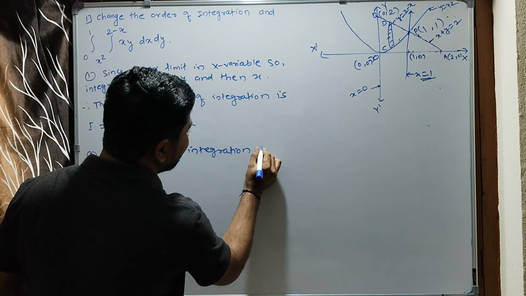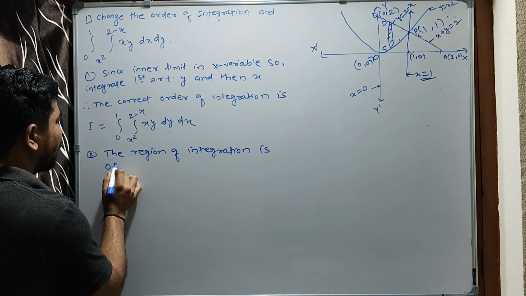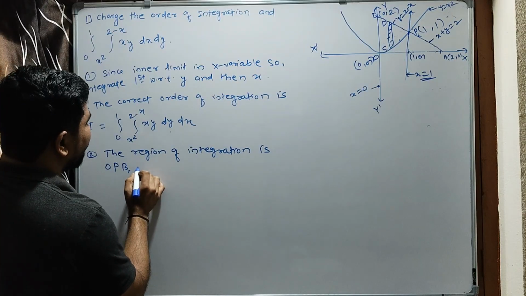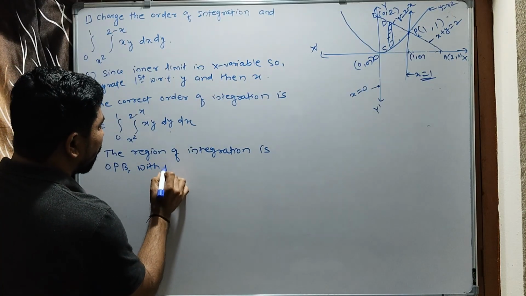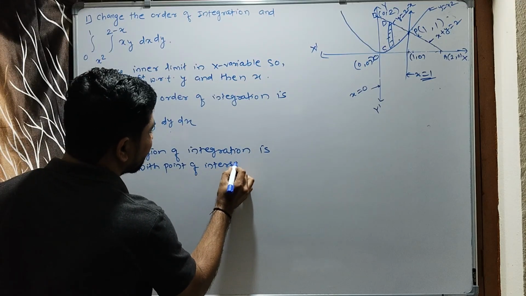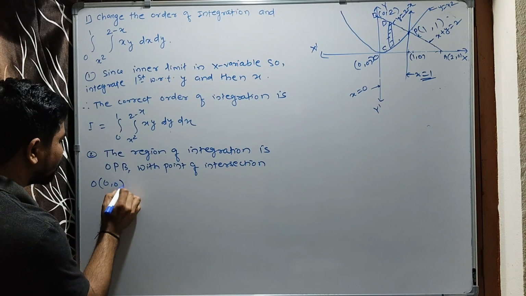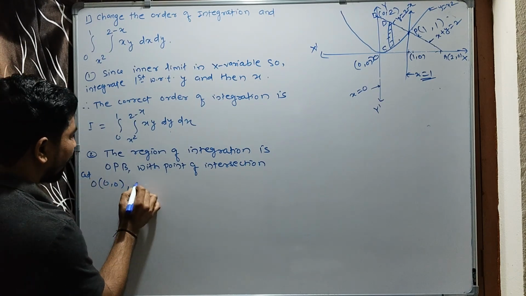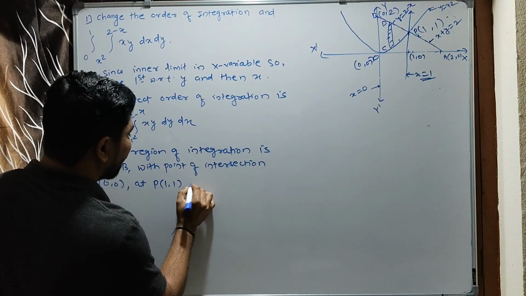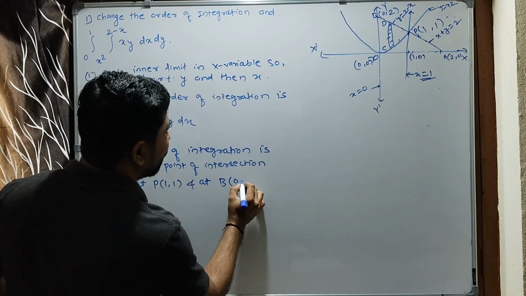The region of integration is OPB, with points of intersection at O (0, 0), at P (1, 1), and at B (0, 2).